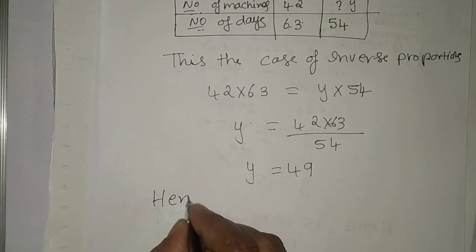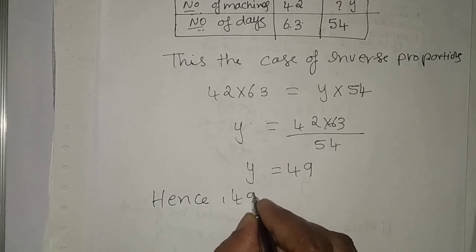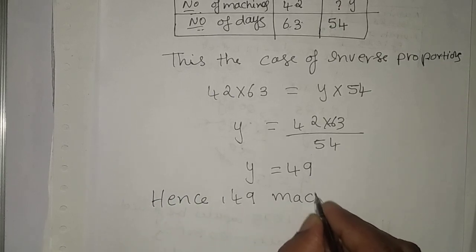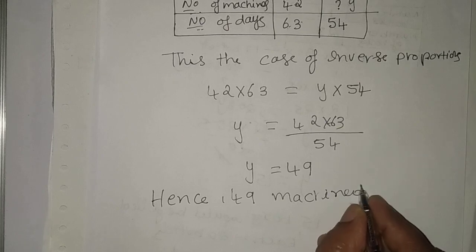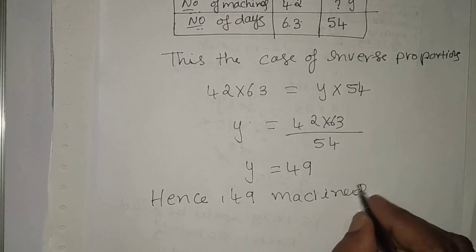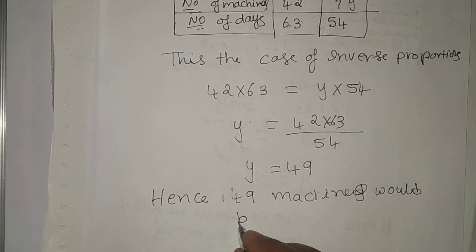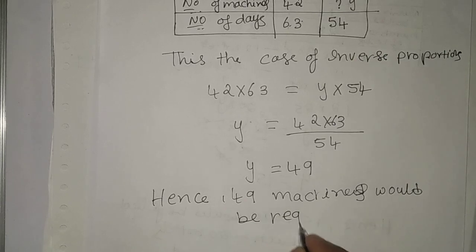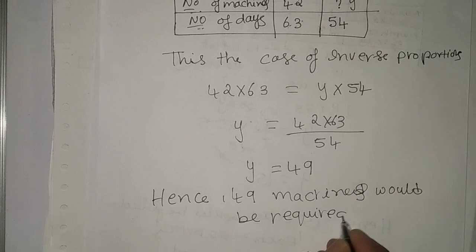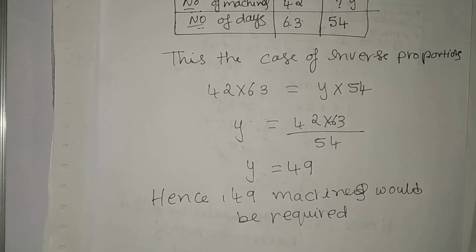So hence 49 machines would be required. This comes with the 8th question.